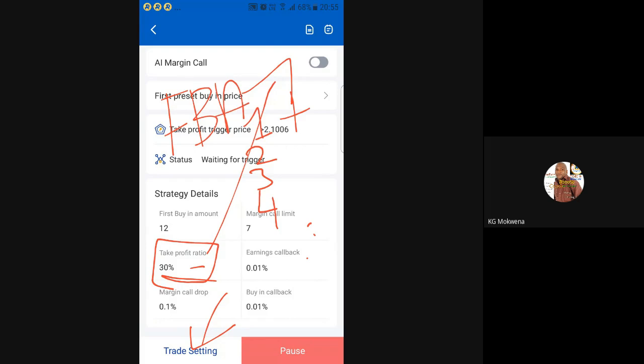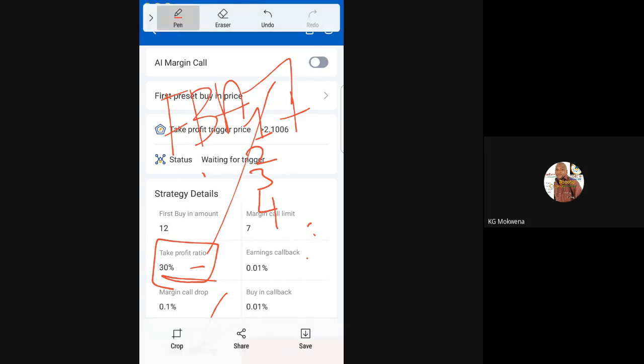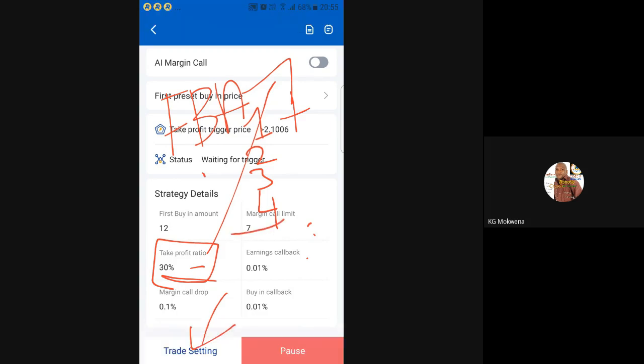The first buying amount is $12 that the market went in first with and waited for the first call drop to happen, and then second call and so forth. So now call number 4, 3, 2, 1 plus first buying amount, their take profit percentage is this one that you see here. That is for the whole position.